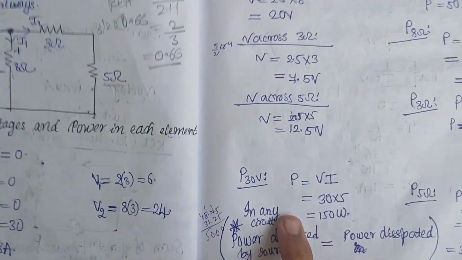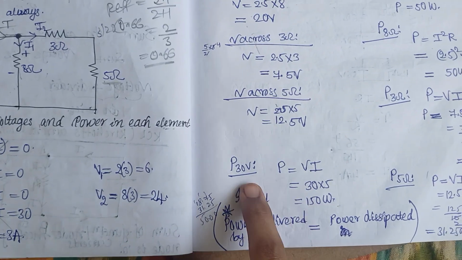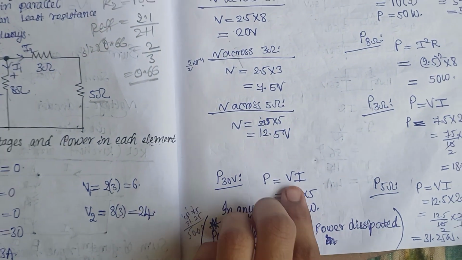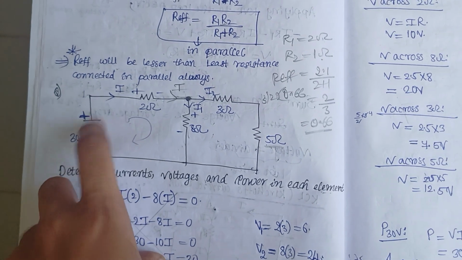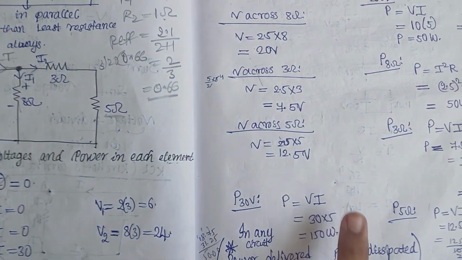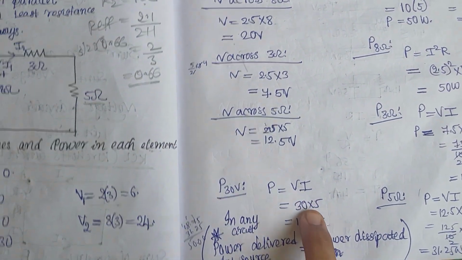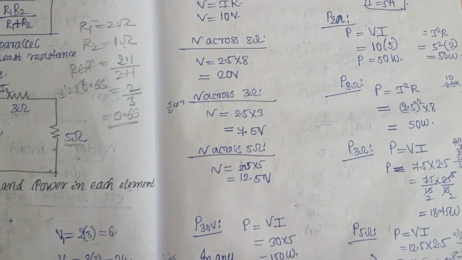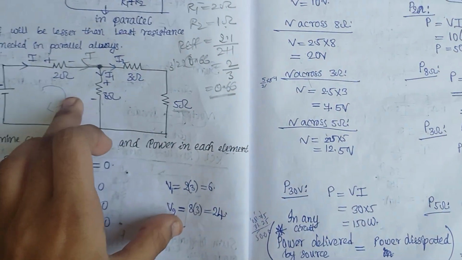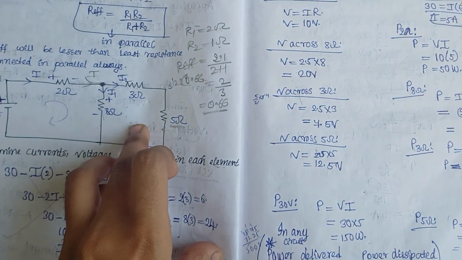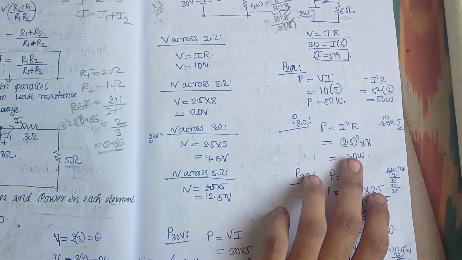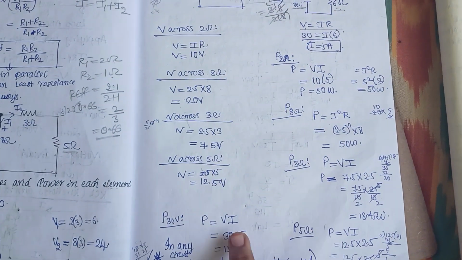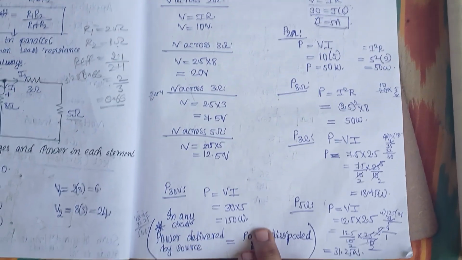Okay, now the power that is delivered by this source is nothing but V into I, right? Since your V is 30 volt and the current I is 5, so 30 into 5, which is 150 watt. And by calculating the power across this 2 ohm, 8 ohm, 3 ohm and 5 ohm, and summing all of these, we should get 150 watt.